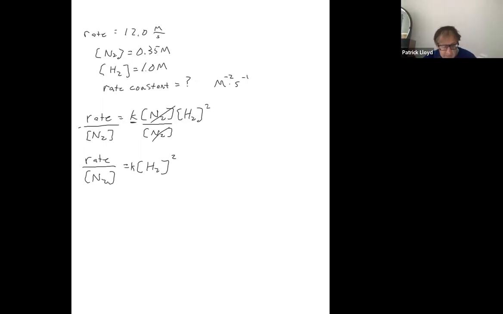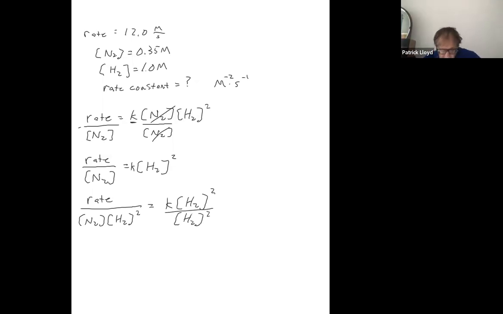Now in the next step, I'm going to divide both sides by H2 squared. So rate divided by N2, concentration of H2 squared. Okay, the way we say that is concentration of H2 squared. The brackets are concentration of. So now that would be K times concentration of H2 squared over concentration of H2 squared.